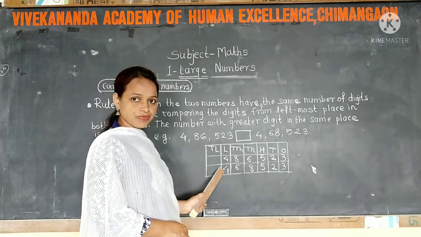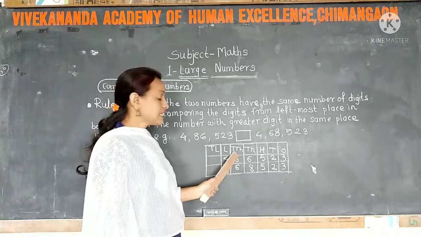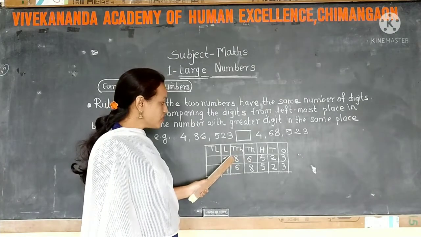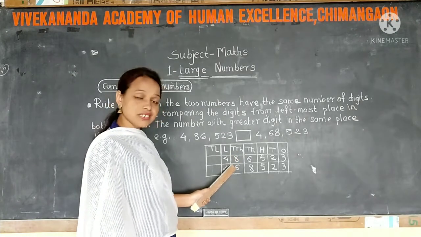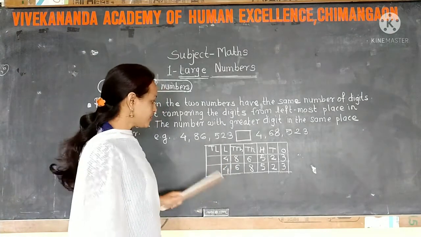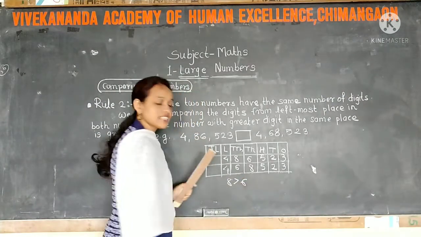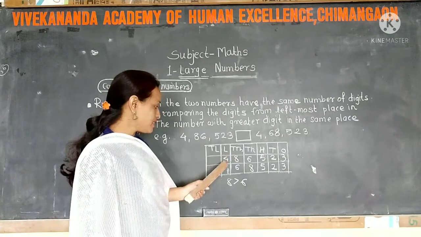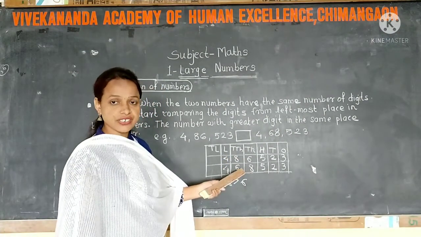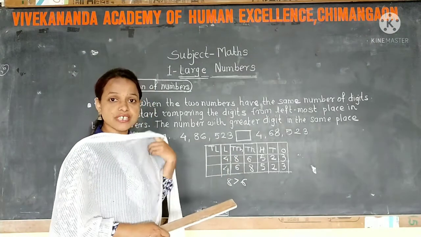Both are the same, so we have to check the next, the 10,000 digit. The 10,000 digit of the first number is 8 and the 10,000 digit of the second number is 6. So 8 is greater than 6. Here the lakh place is the same, so we compare the 10,000 digit. The 10,000 digit of the first number is greater than the 10,000 digit of the second number.